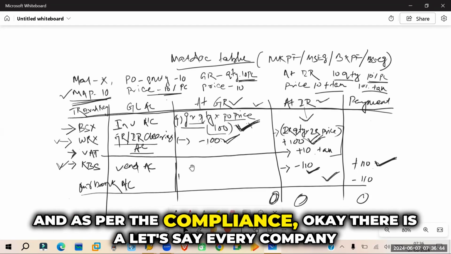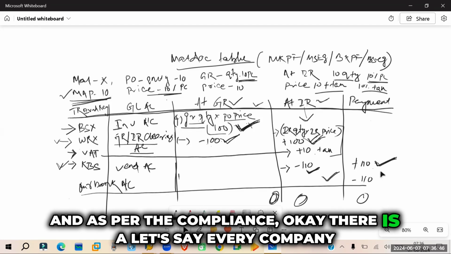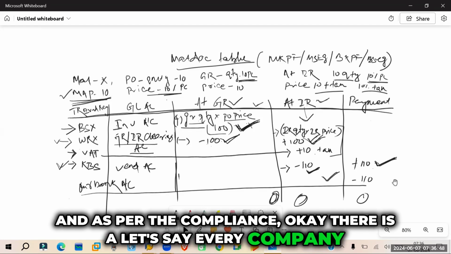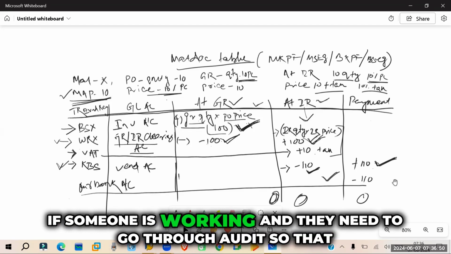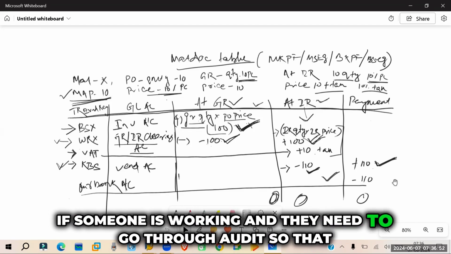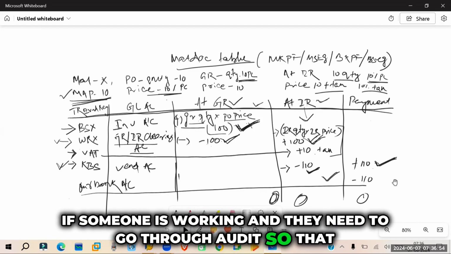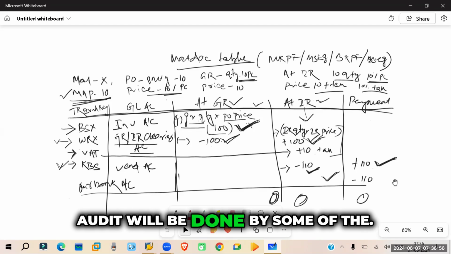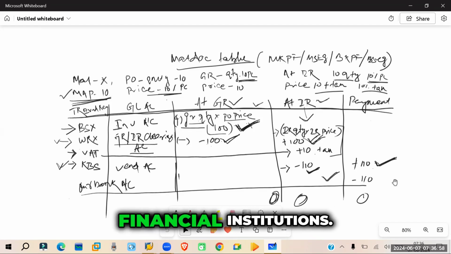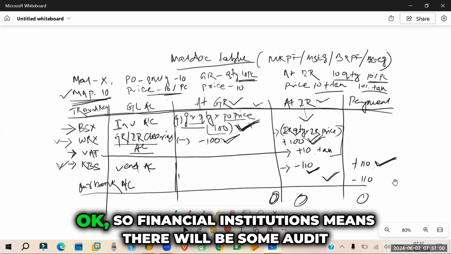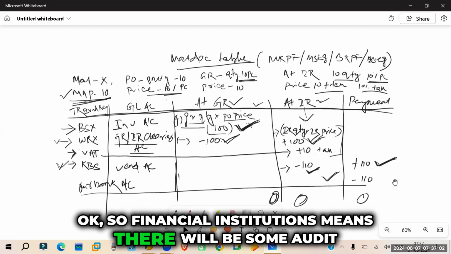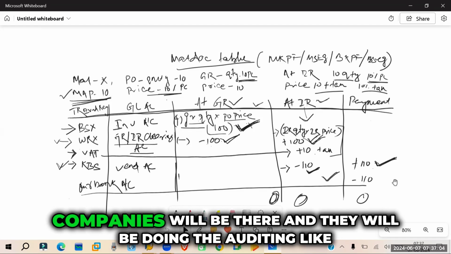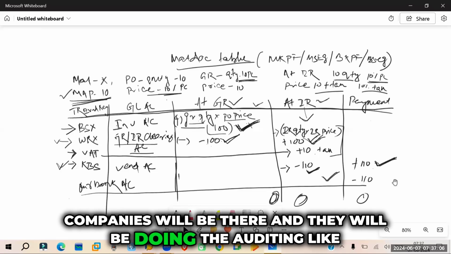And as per the compliance, let's say every company that is working needs to go through an audit, and that audit will be done by financial institutions. So there will be some audit companies doing the auditing.